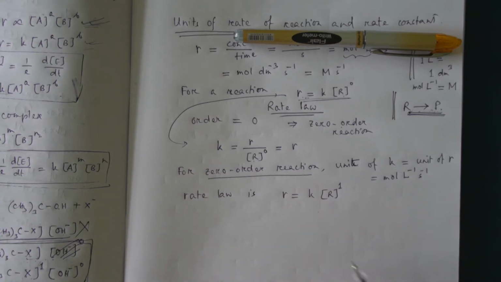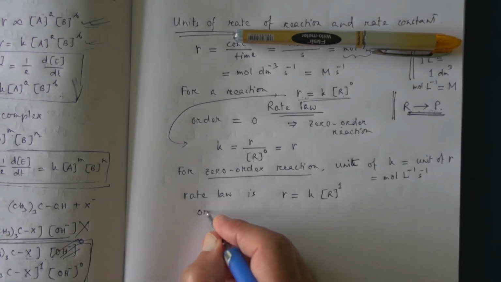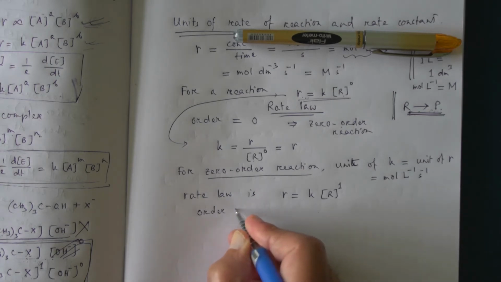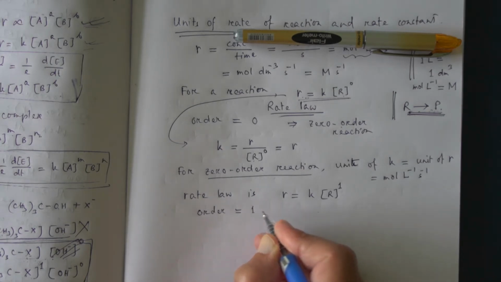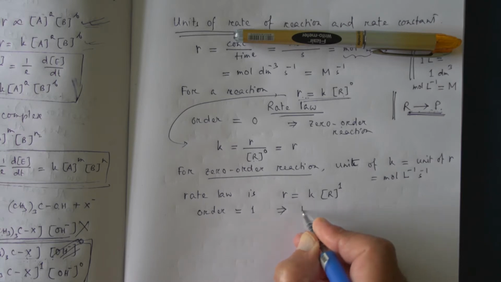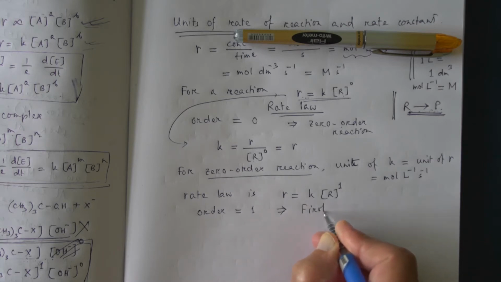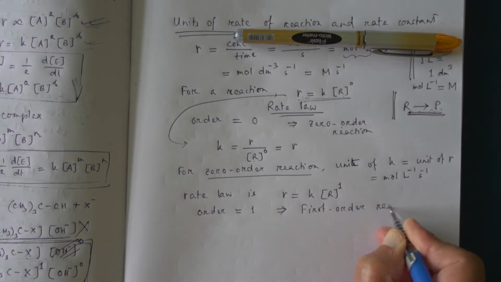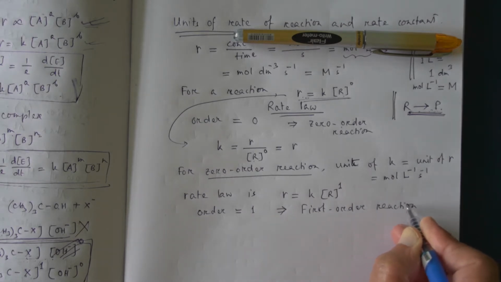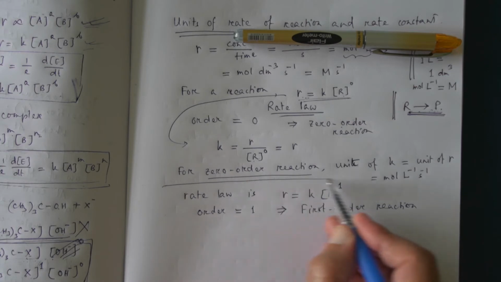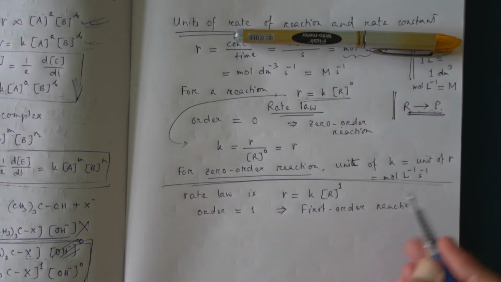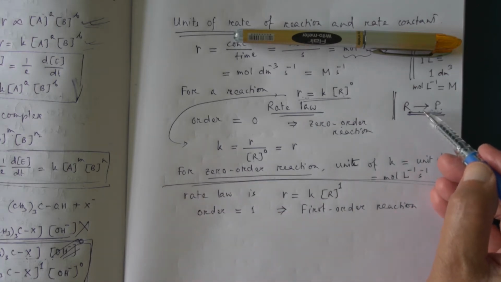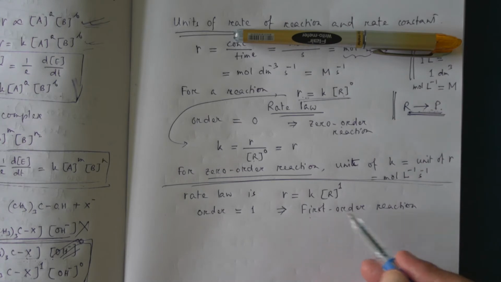Okay, that means order of the reaction is 1. That means it is a first order reaction. So we have talked about zero order reaction. Now say this reaction is a first order reaction.